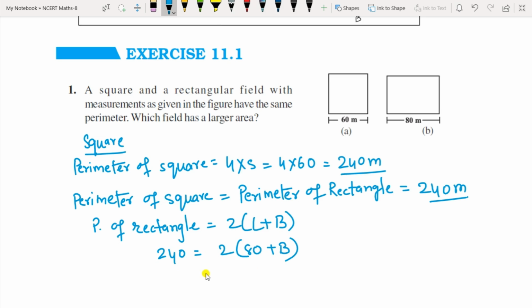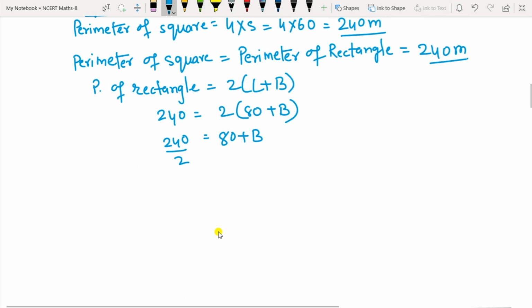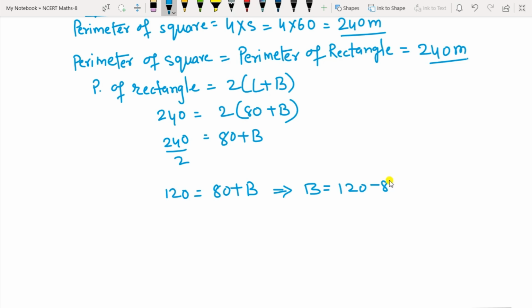So this will be equal to 240 by 2 equal to 80 plus B. So this becomes here 120 equal to 80 plus B. So value of B, breadth, is 120 minus 80, that gives you 40. This is 40 meter is the breadth of the rectangle.